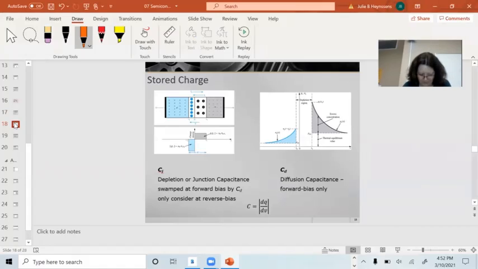There are two types of capacitance here. We have the junction capacitance, which is pretty easy to see here. We've got charge separated by a distance, like the two plates of a capacitor.